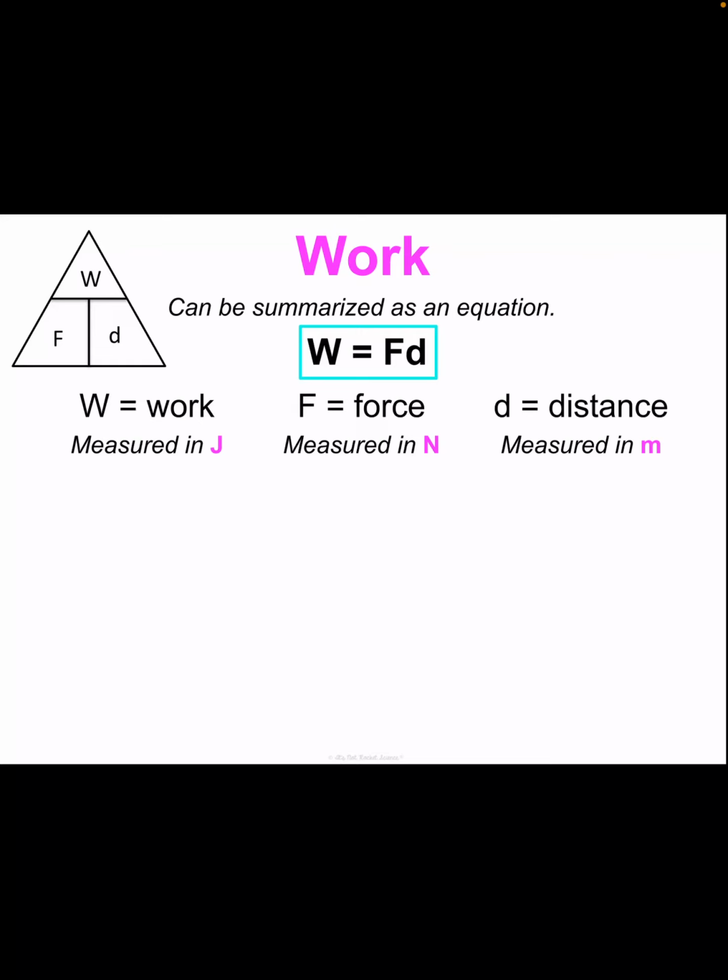That means that they would be multiplied together when you write that equation. If you're asked to solve for F or D, you just sort of cover one of those up, and then you read it as work divided by either force or work divided by distance.